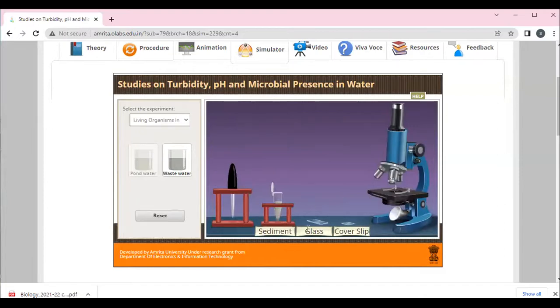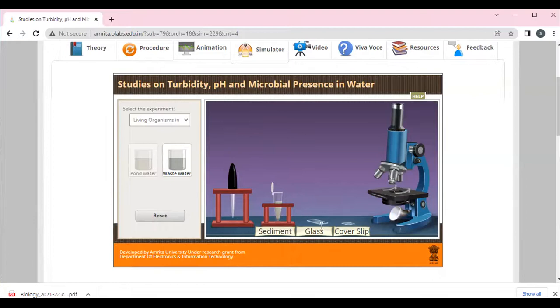Now this is about making of the slide with the sediments, glass and the cover slip. We are to take the sediments from this, but it is not actually filling it. You have seen in the video also that this is a dropper. We put it in the sediments. We collect the sediments from the base of this sample where the sediments have settled.